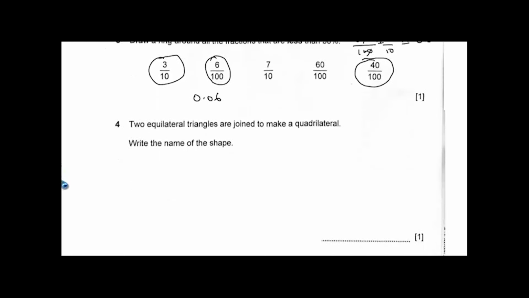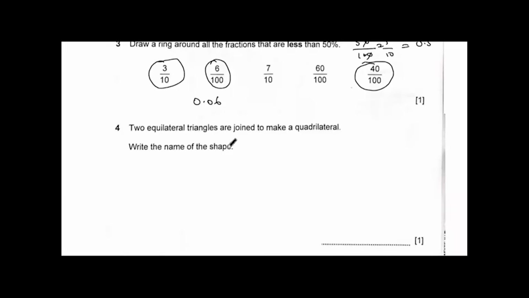That's question number 4. Two equilateral triangles are joined to make a quadrilateral. Write the name of the shape. Two equilateral triangles. So if this is the first equilateral triangle, let's sketch it here. That means all the three sides are equal. Then the second equilateral triangle will be like this.